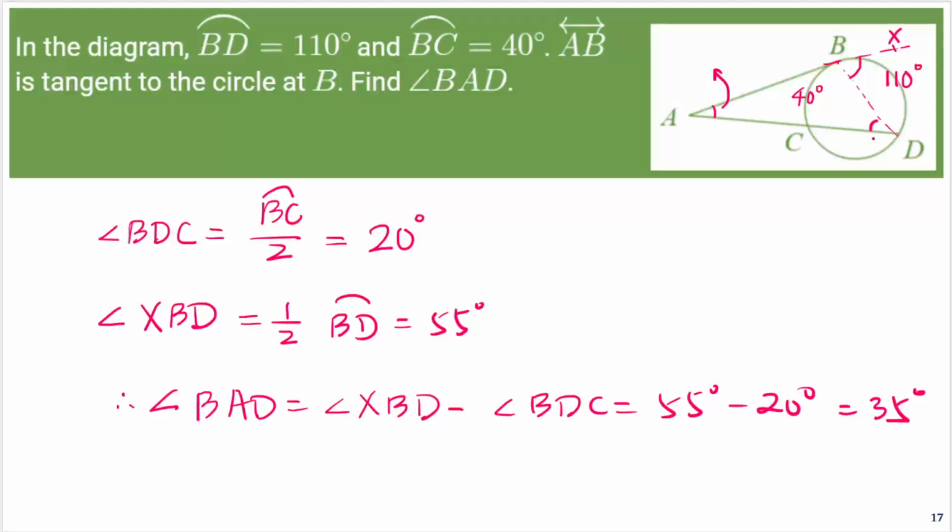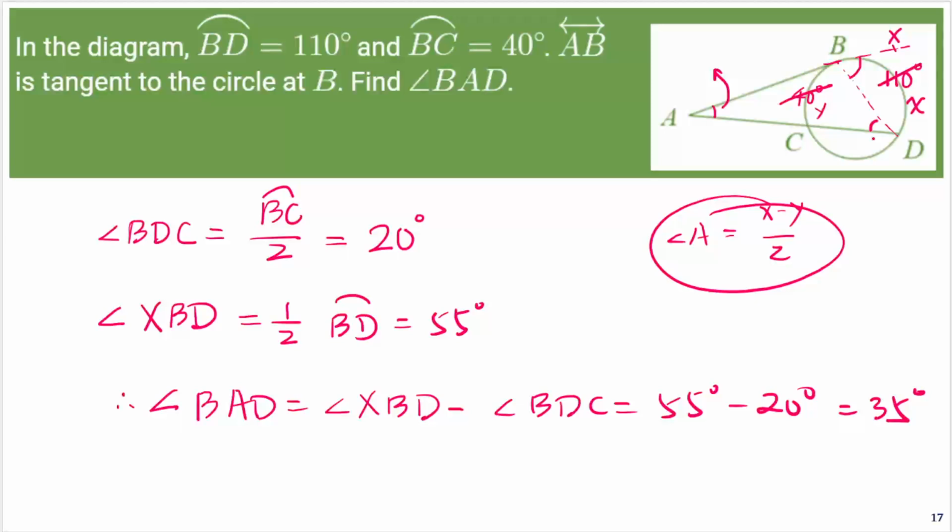And again, we can also generalize this question by letting BD equal X and BC equal Y. So using the same method, we can prove that angle A here equals (X minus Y) over 2. Did you get it?